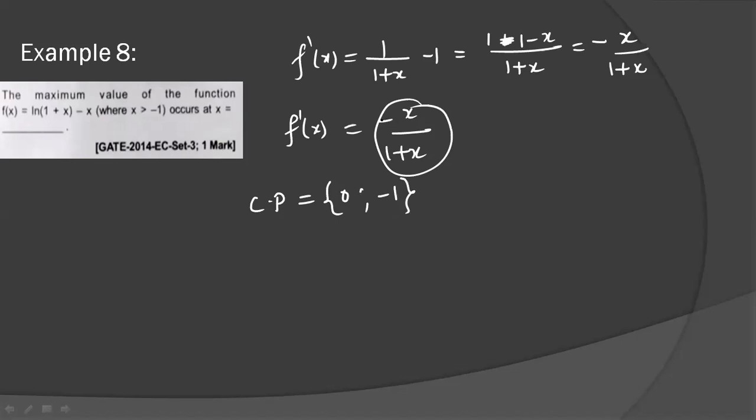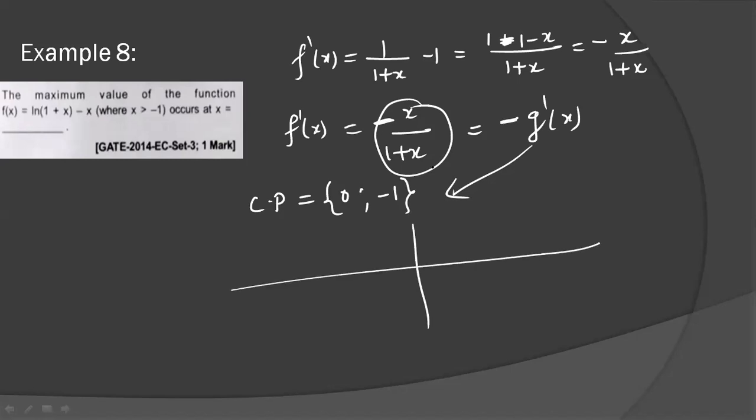But if you see, this has a negative sign. So if we compare with minus g dash x, then g dash x also has critical points 0 and minus 1, but the nature will be opposite because you have a minus sign here. This is a polynomial, so we can use polynomial in numerator and denominator both. So you can use the wave graph here.